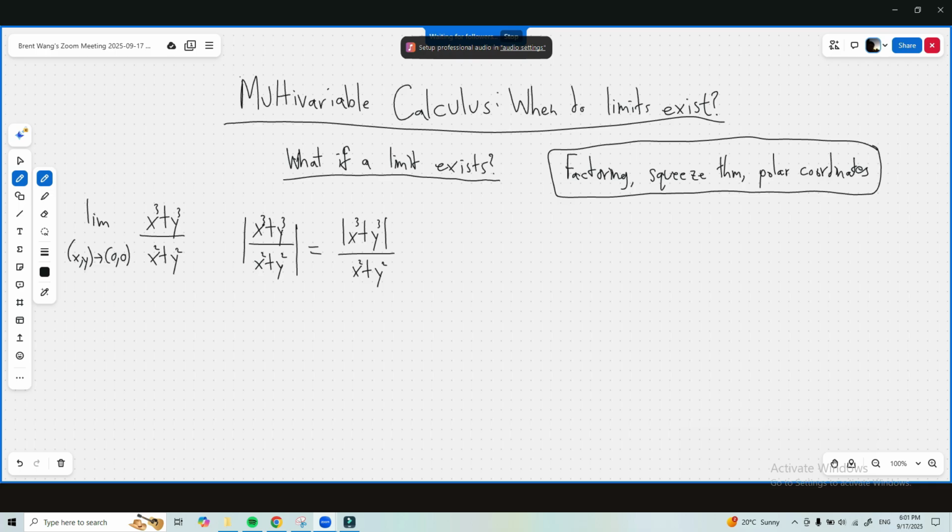You might not know until you remember the triangle inequality. The triangle inequality states that the absolute value of a plus b is less than or equal to the absolute value of a plus the absolute value of b. This is what we're going to use.